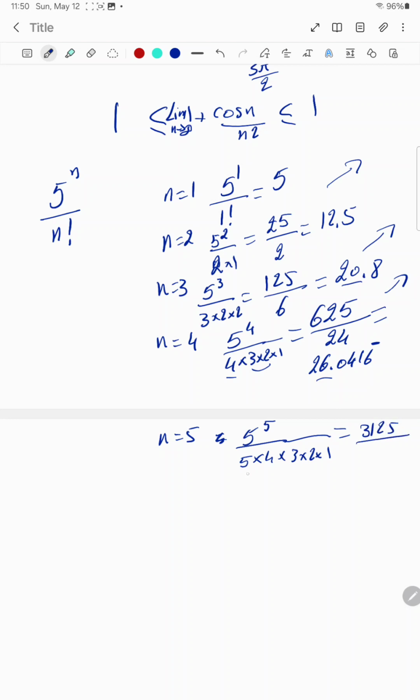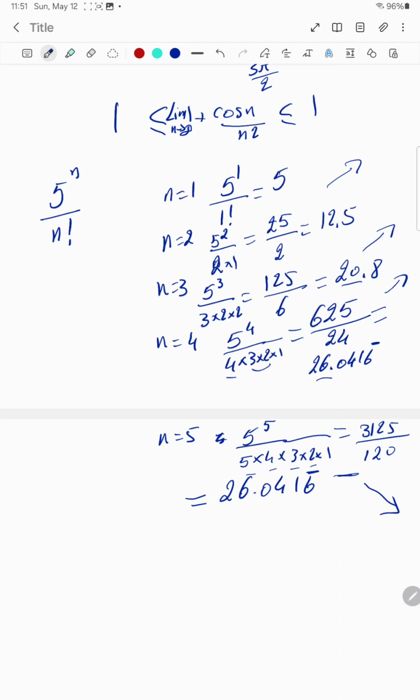And 5 times 4 times 3 times 2 times 1 is 120. And if you divide those two numbers, you will have exactly 26.0416 periodic. So here it's not ascending anymore, it is constant, and after that it's gonna go descending.